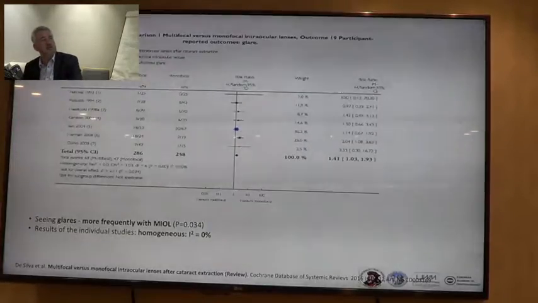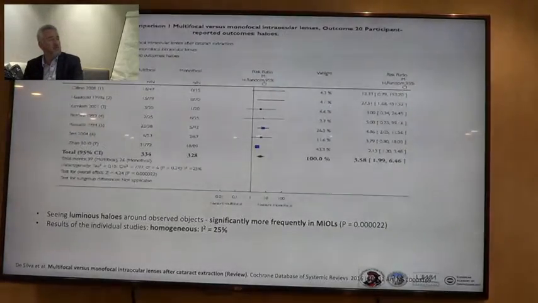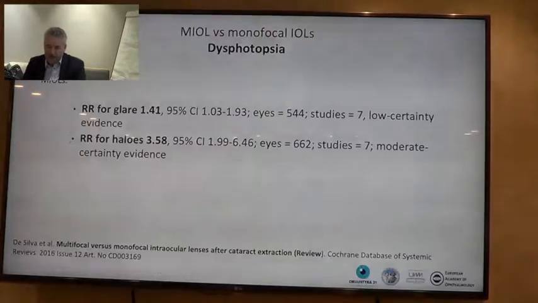However, here we see the graphs taken from this Cochrane meta-analysis showing that blurs are much more frequent in multifocal IOLs than in monofocals, and seeing luminous halos around observed objects was also significantly more frequent.